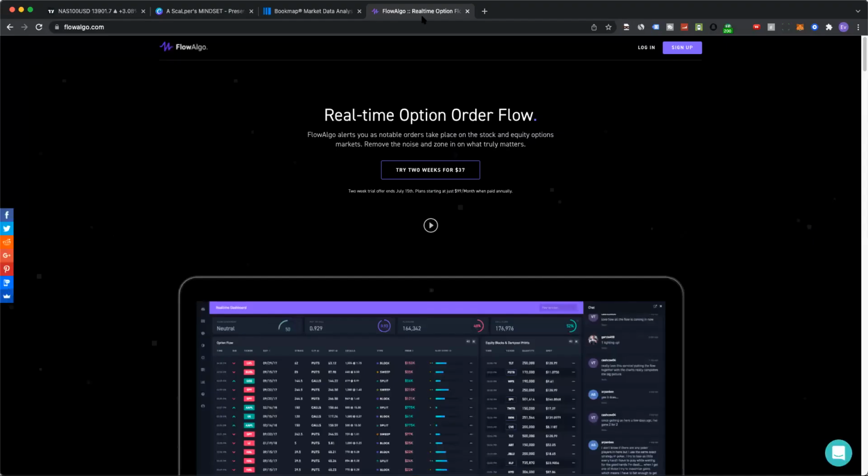Okay. The next thing is the same scenario where you don't absolutely need it, but I like it and it helps me out. This is a real-time option order flow. So this basically tracks when actual executed trades are placed.